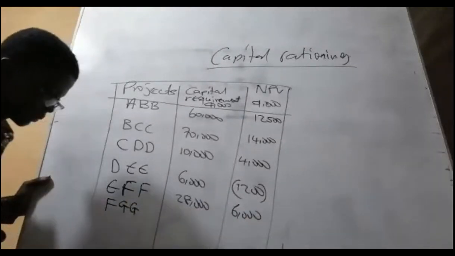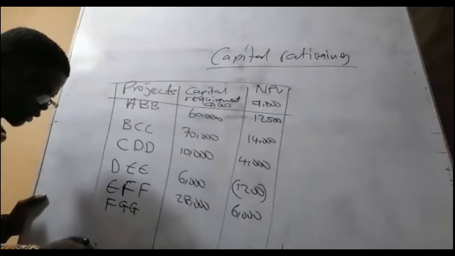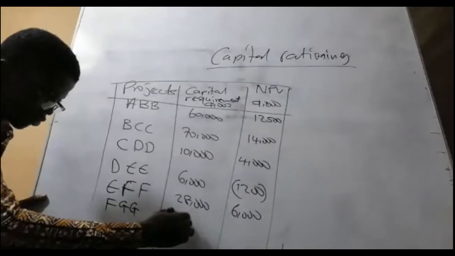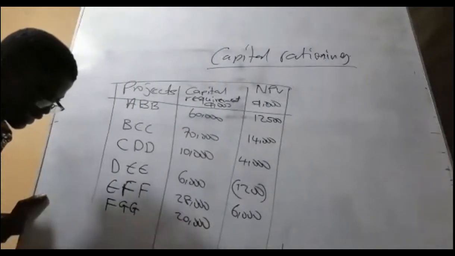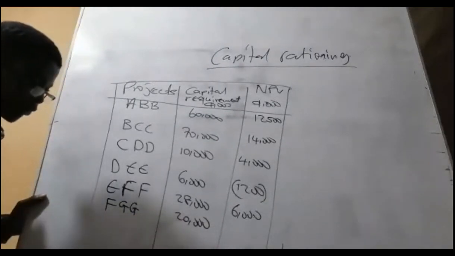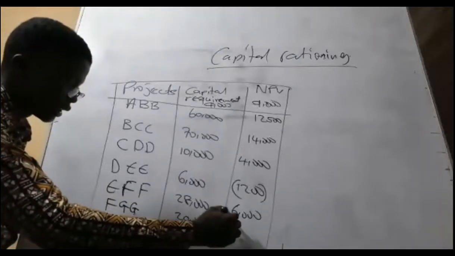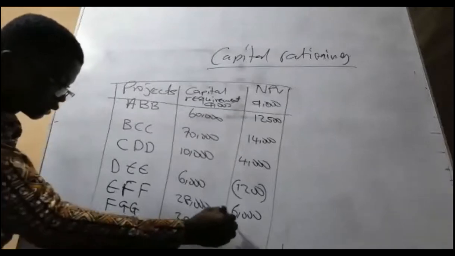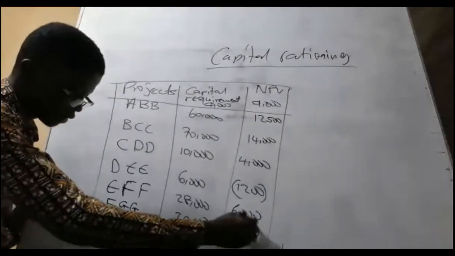The last project, you need 20,000 Ghana cedis, but the NPV is just around 7,000 cedis. We are done.